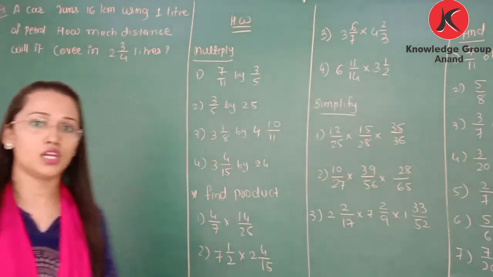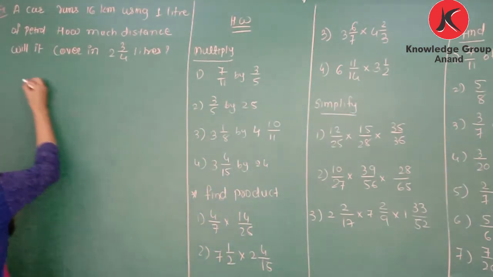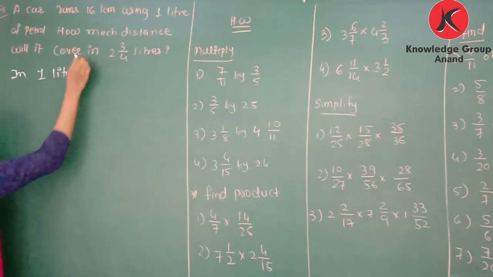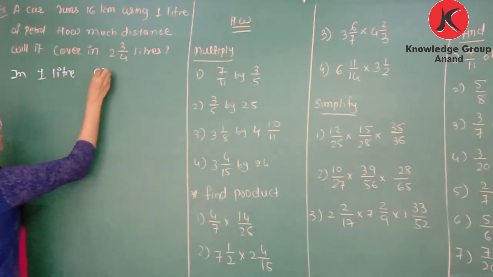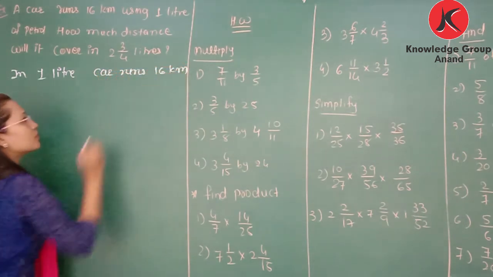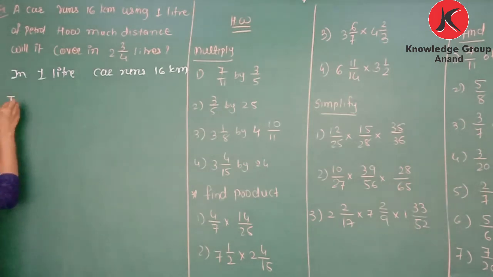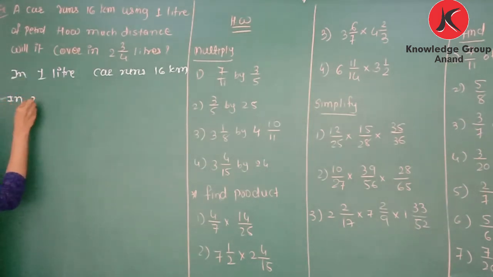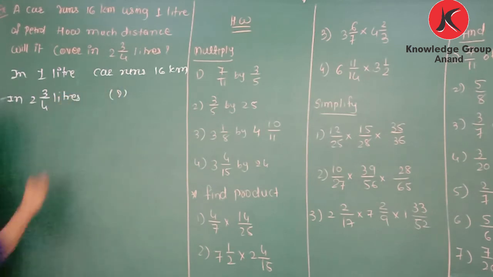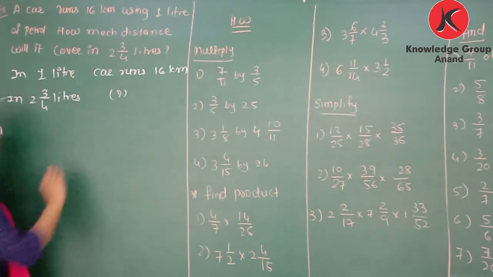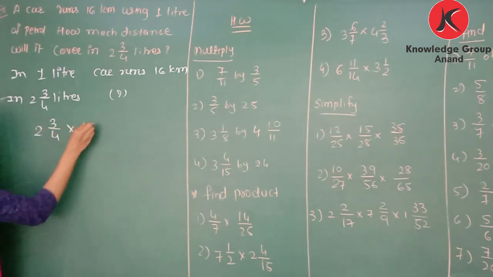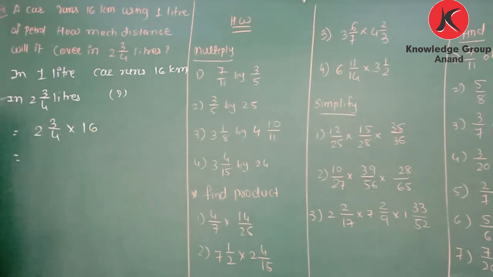So here same we need to find. In 1 liter car runs 16 kilometer. So here into 2 3 by 4 liters, how much distance car can cover? It means multiply. So it is 2 3 by 4 multiply 16. That is the distance.